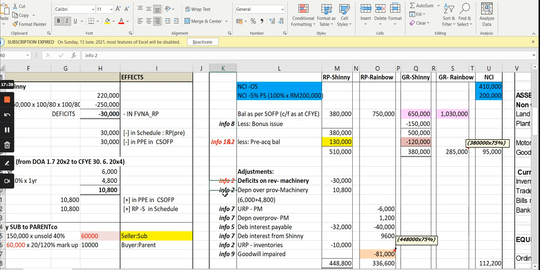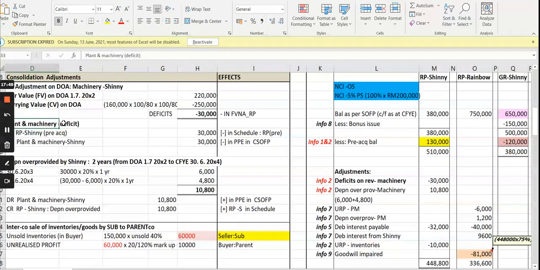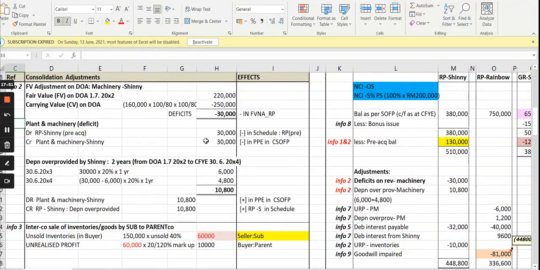And then at the same time, that deficit, we have earlier adjusted the over provision of depreciation. So these are the journal that we have done much earlier, if you can see here. These are the things that we have earlier done. So information 2 is actually here.